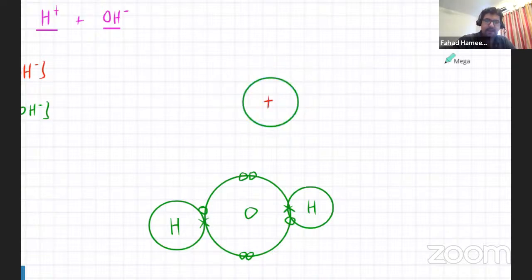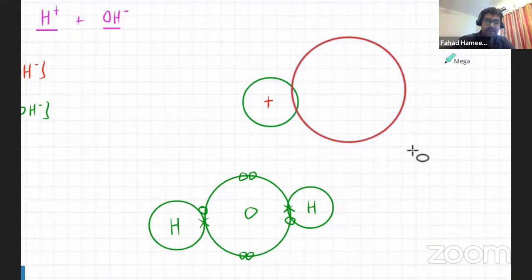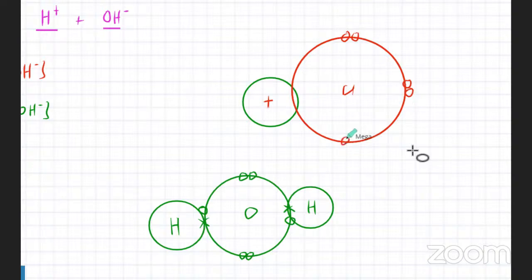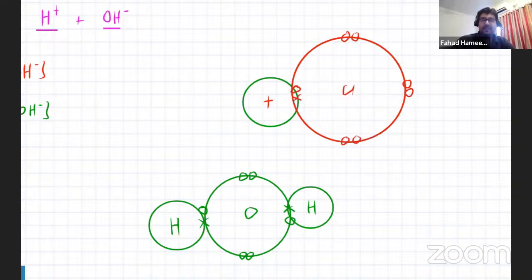Like in HCl, you've got H and Cl, and Cl is a non-metal. Both of them are non-metals. And here hydrogen and Cl are sharing electrons, right? Now HCl, if you know, HCl is a gas.